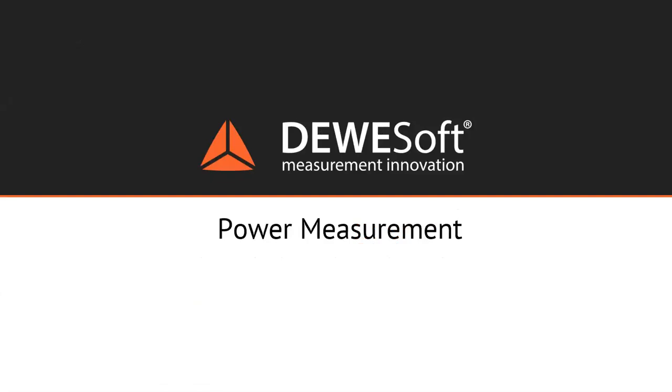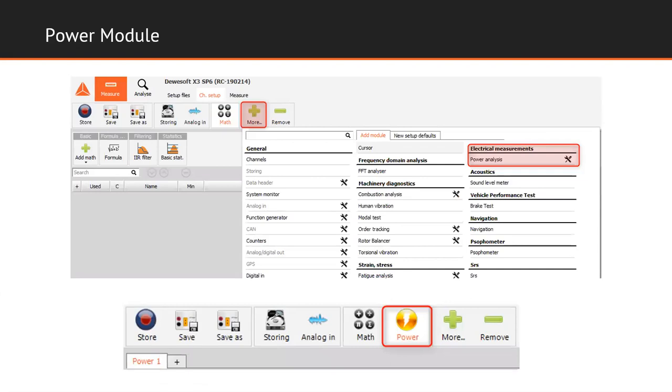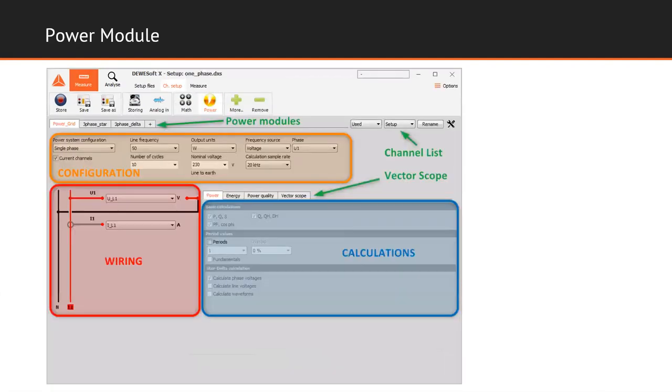Then let's talk about power measurement. If we haven't added it yet, we can add inside the software our power analysis tool to do power analysis, and it will be shown like this.